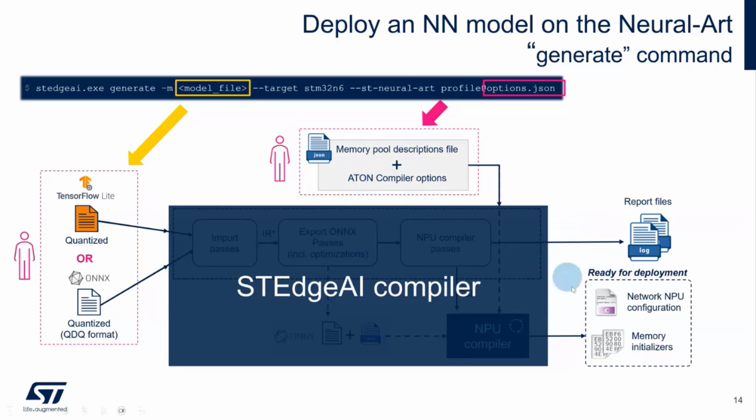The output of that will be a report file. The report file will contain the list of epochs that have been generated and also some memory usage information.